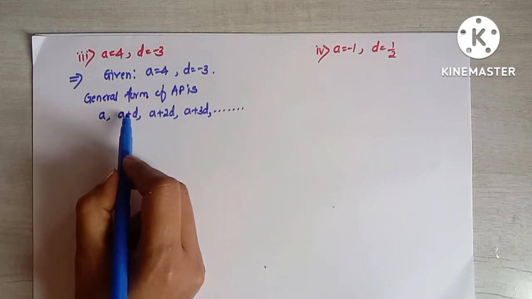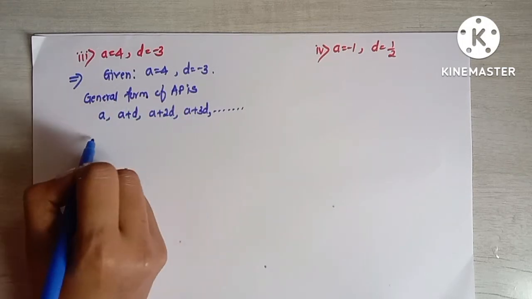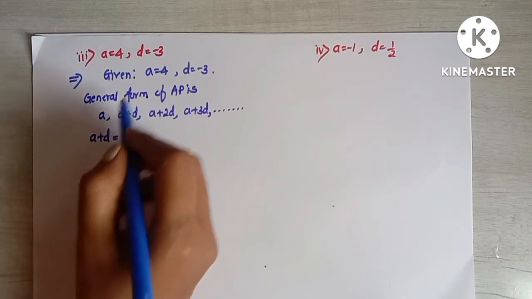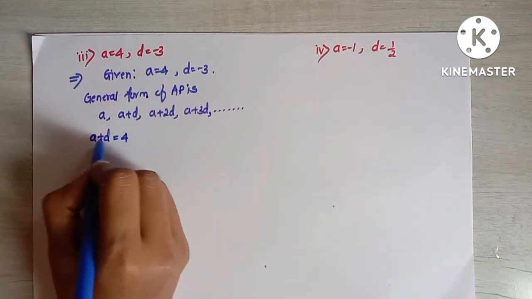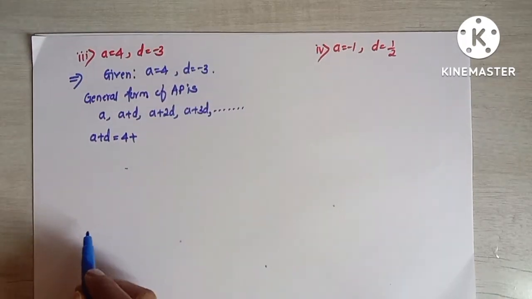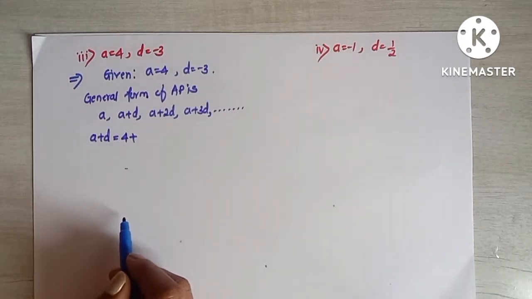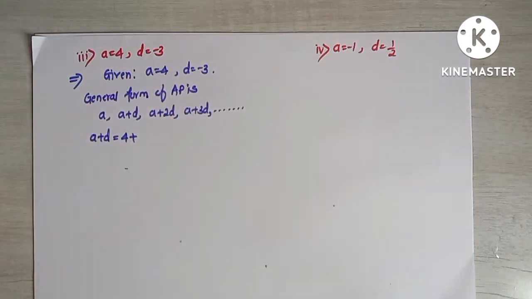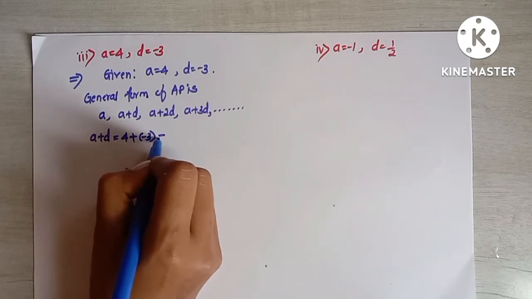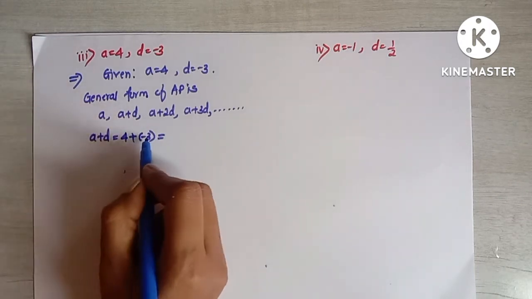So let us calculate this one, that is A plus D. So in place of A what we have? 4 plus as it is. In place of D we have minus 3. Remember that if there is minus sign then you have to put always bracket. Okay. So it is minus 3. So what is plus into minus?